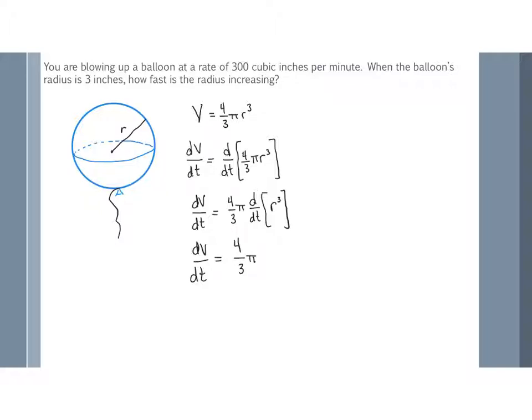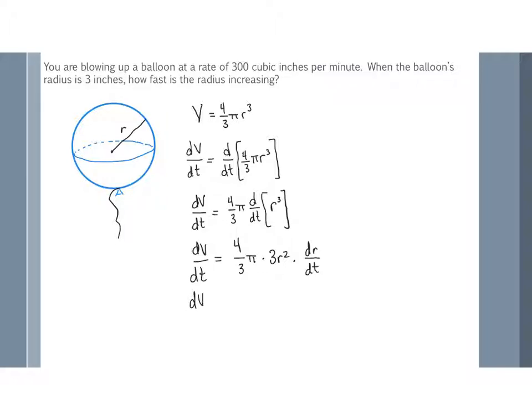And now the derivative of r cubed is 3r squared. But be careful, r is an inside function. It's a function of time. So we have to take the derivative of the inside, applying the chain rule. So now let's simplify the right-hand side.